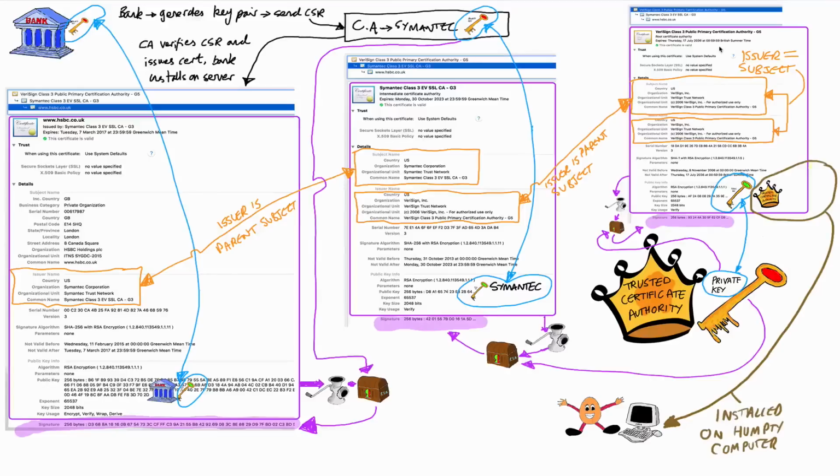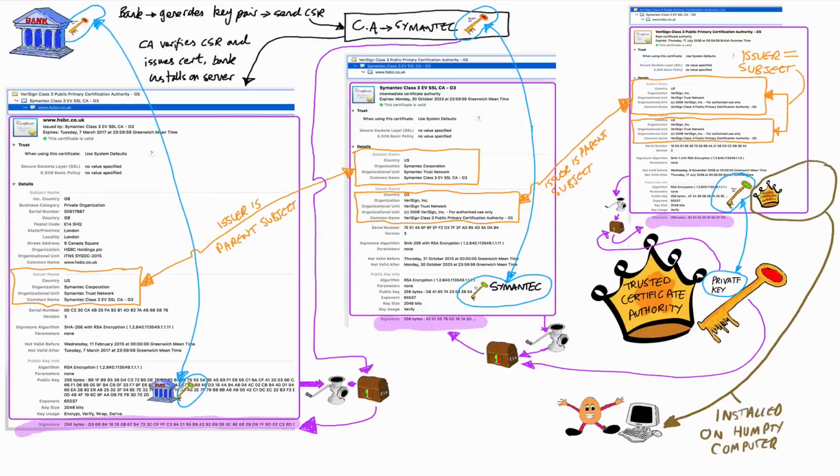Now, you can probably see from the diagram here what I mean by children, because you've got this issuer-parent relationship. Anything in orange here represents a parent-child relationship, where the issuer of one certificate represents the subject of its parent certificate. I hope I'm not confusing too much, but hopefully by repetition and incessant rambling, things will get clearer. So let's look at what's going on down the right hand corner here.